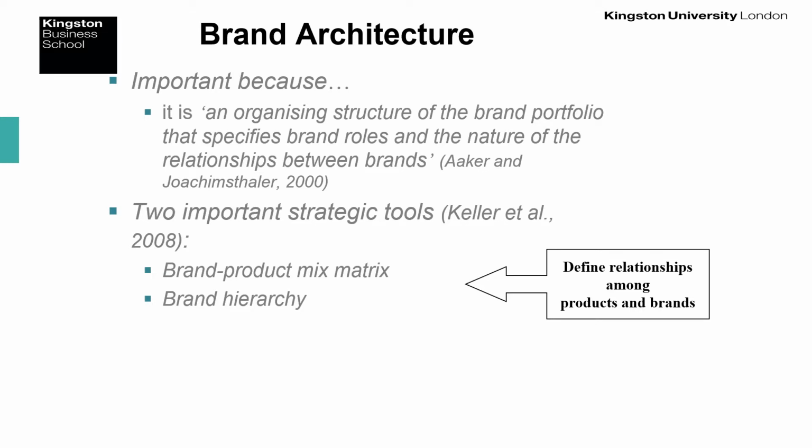And we saw how the branding strategy specifies the roles that specific brands play and also the nature of the relationships between them. And we looked at two important strategic tools, the brand product mix matrix and the brand hierarchy, both of which help organisations to clarify and define the relationships between the products and the brands within their portfolio.